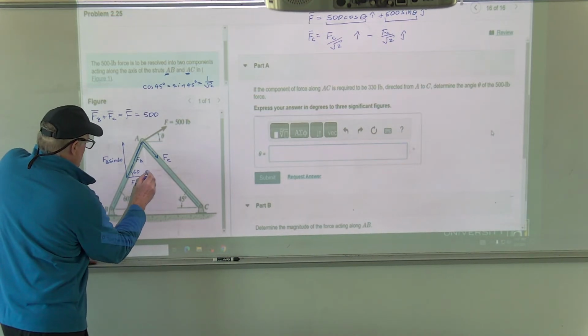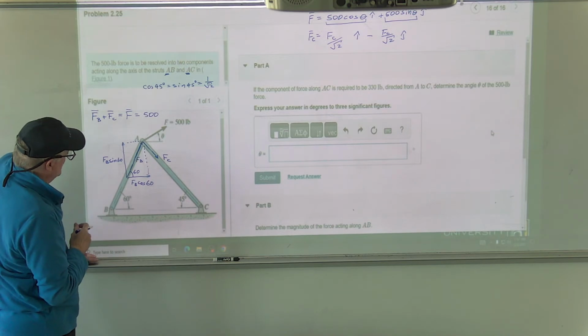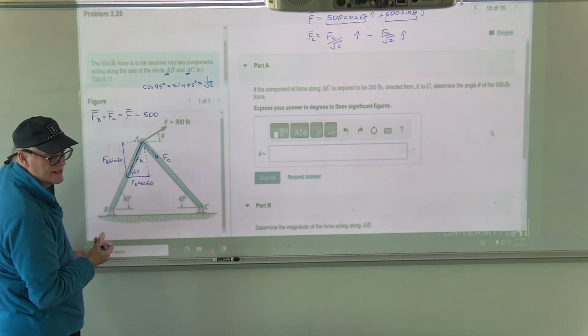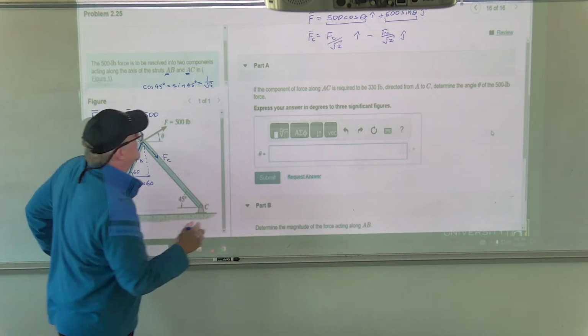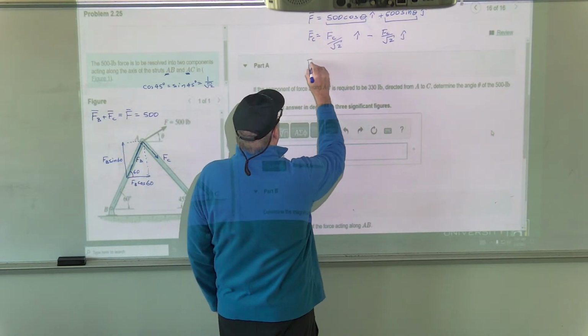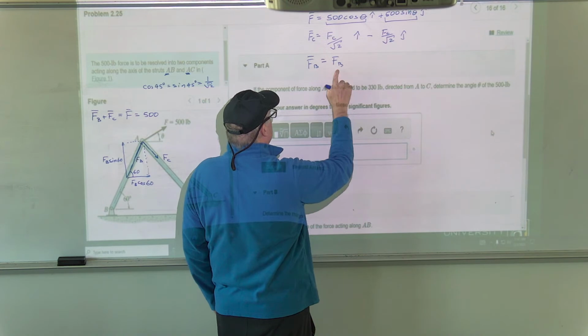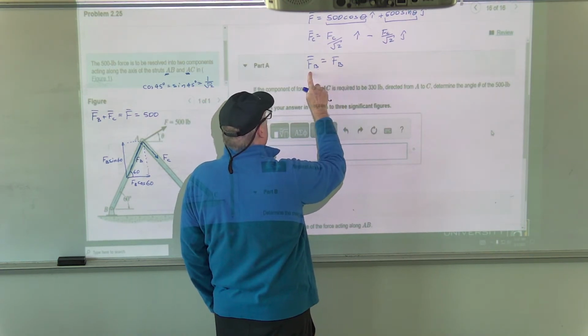And this is supposed to be a rectangle, but I guess if you look at it from a distance, it kind of does look like a rectangle. So FB is just going to be FB, the magnitude. So this FB, I'm writing it, so this is the magnitude of that vector.